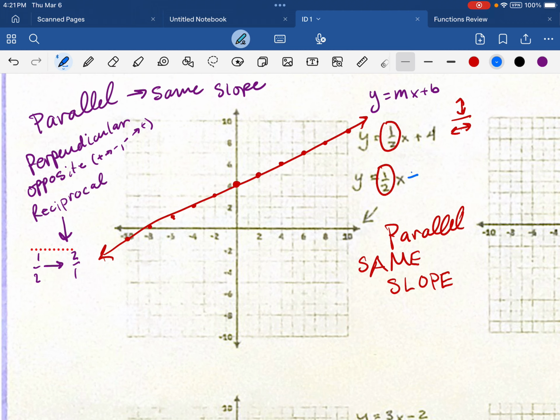Well, that would be plus 0. Because of that, a lot of the time it doesn't get written. So anytime that you see just a blank where there should be a b, assume that it's plus 0, meaning we're beginning at 0.